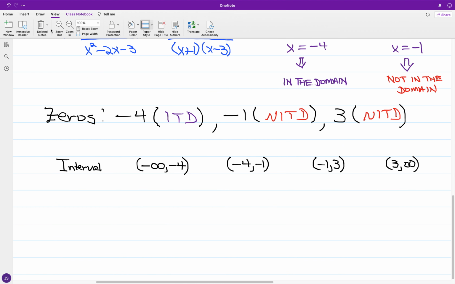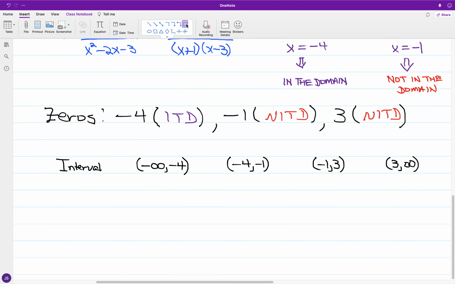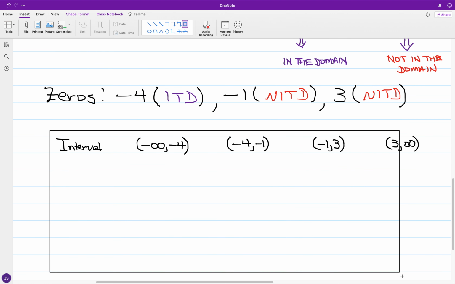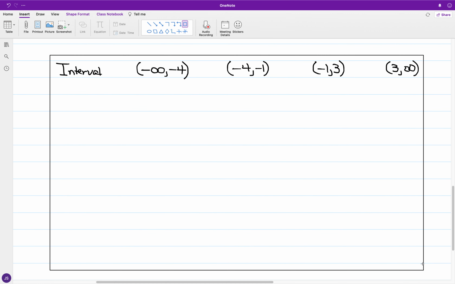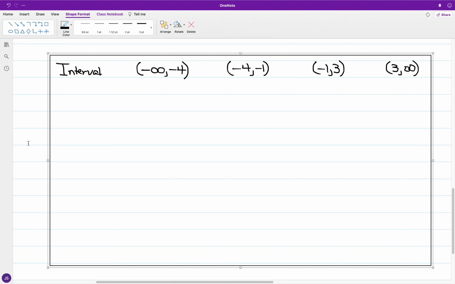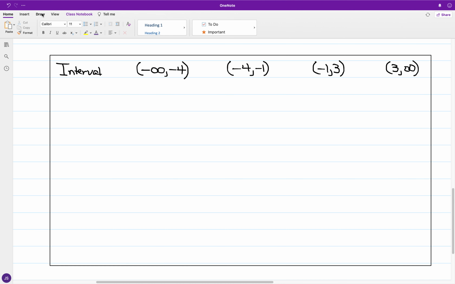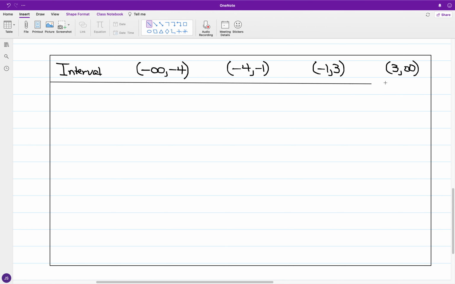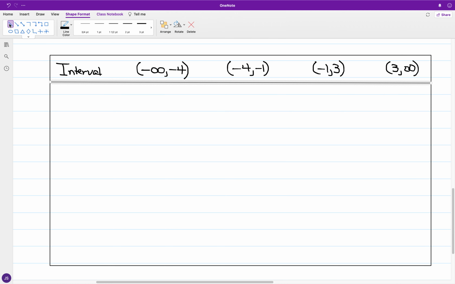Okay, and so just again, forming a table about these zeros and the intervals that originate from them. Okay, so I have for the sections.